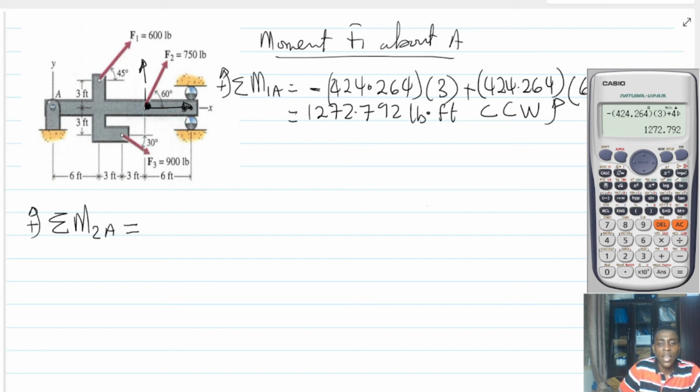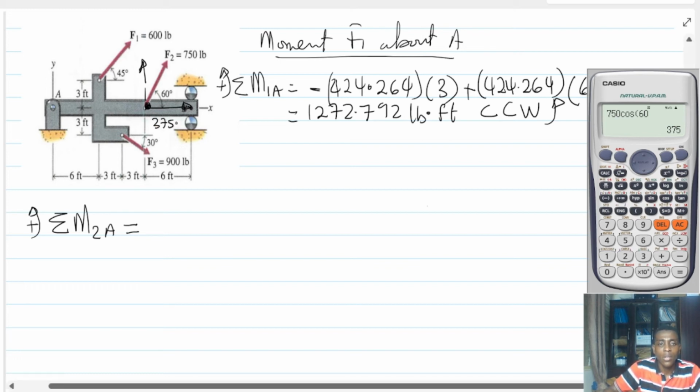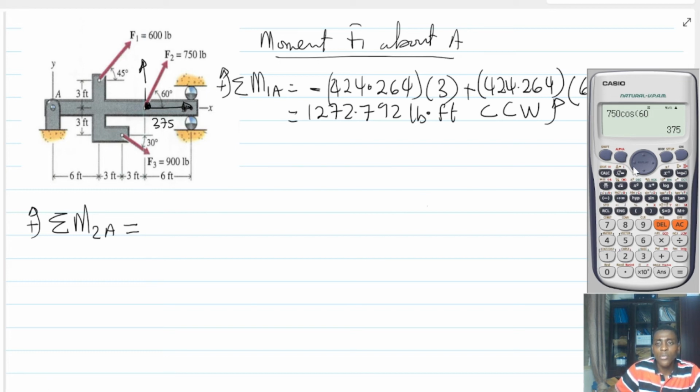Now the X component is going to what? 750 cosine 60. And that is 375. Okay. And the Y component is going to be 750 sine 60.